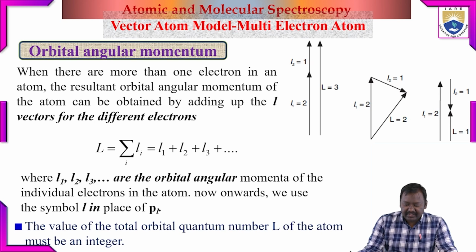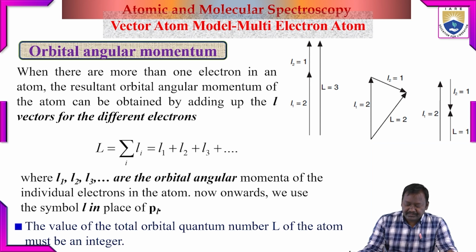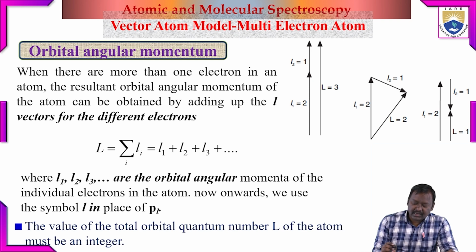If the atom consists of only a single electron, there is no problem in finding the total orbital angular momentum or total spin angular momentum. But if there is more than one electron in an atom, then the total orbital angular momentum should be added up vectorially.